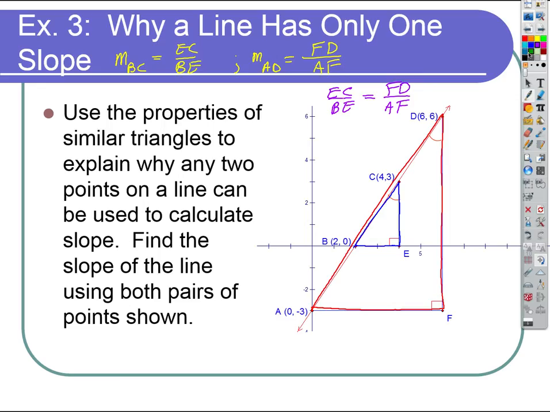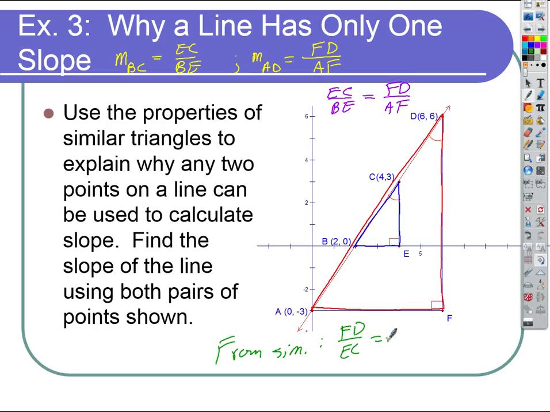So from similarity, we know that the ratio of FD over EC must equal what?